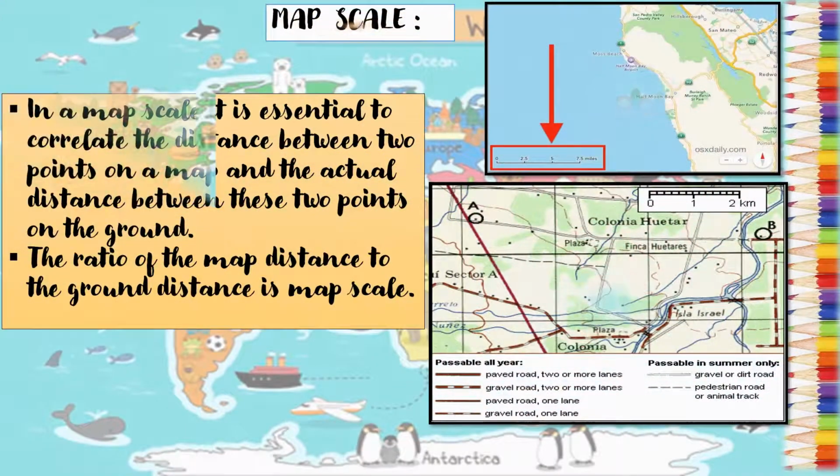Now students, let us understand what is a map scale. In a map scale, it is essential to correlate the distance between 2 points on the map and the actual distance between these 2 points on the ground. So, the map scale is defined as the ratio of the map distance to the ground distance.